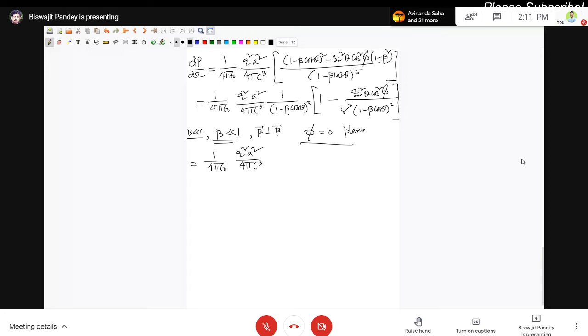So this is q square a square by 4 pi c cube. Beta is much less than 1, so this term becomes negligible. So what we are left with, this is 1, and then we have already chosen the phi equal to 0 plane, so cos square phi will be 1. So we have only sine square theta divided by gamma square, and since beta is much less than 1, gamma square will be 1, so I think no need to write this.